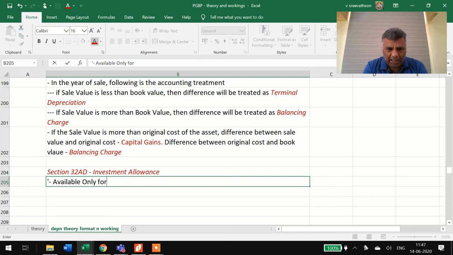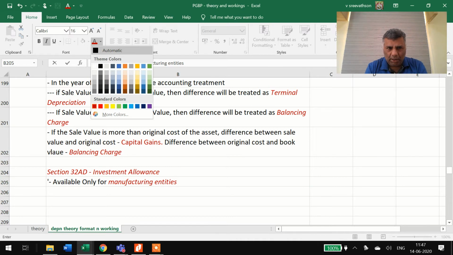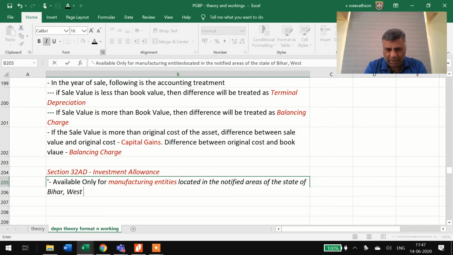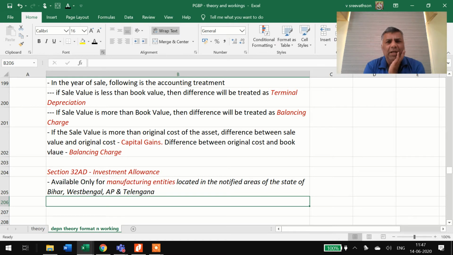Available only for manufacturing entities located in the notified areas of Bihar, West Bengal, Andhra Pradesh and Telangana.